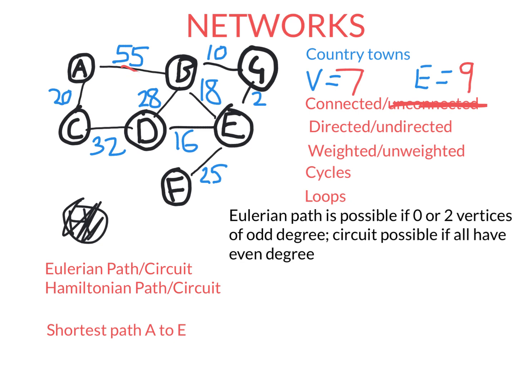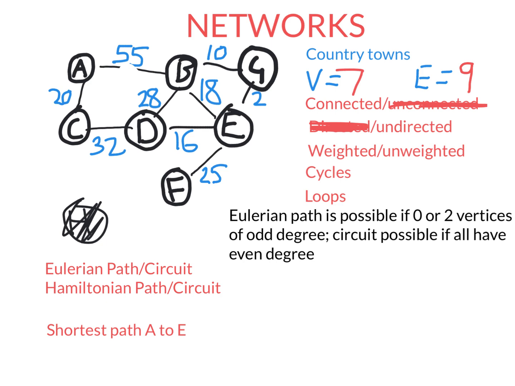But because I didn't include any such arrows, it means that travel is okay in both directions along an edge. You can go from B to G or G to B. So that actually makes this one an undirected graph. Again, an undirected graph or network just means that there are no arrows along the edges. It means that travel is possible in both directions.